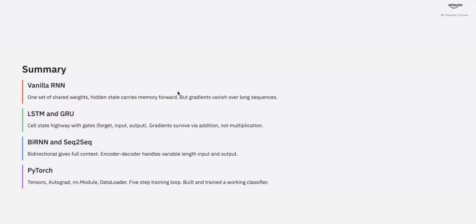And that loop works for MLP, CNN, RNN, LSTM, transformer, any architecture that we have. We built a simple classifier from scratch, trained it on a three class problem, and watched it go from 91% accuracy after one epoch to 100% by epoch 5. The loop we wrote for that classifier is the same loop you would write for a production LSTM.